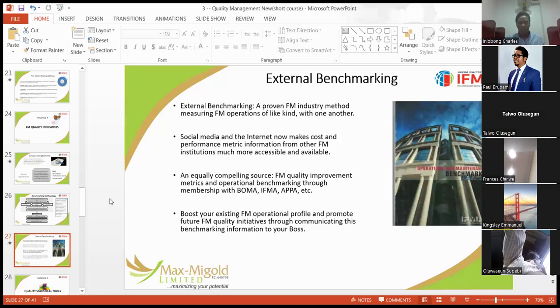If you are a member of all these facilities management associations, when you go to their meetings, like the workplace management one IFMA is having in the US in July, you learn new things, you see best practice, which you can adopt in your own system. All right.